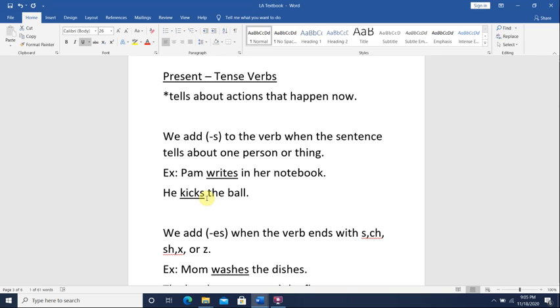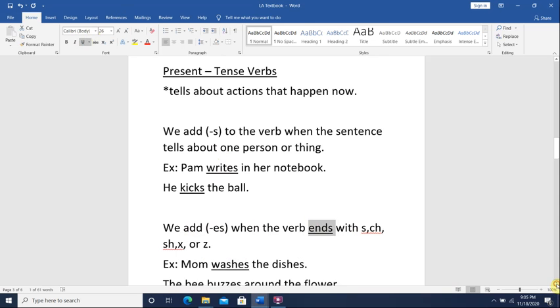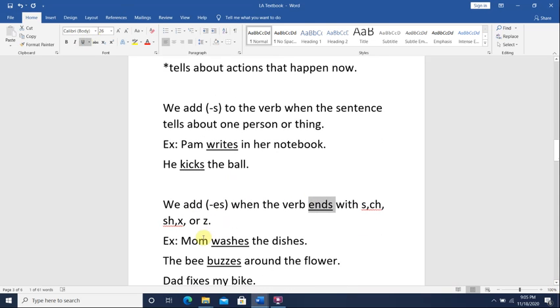But what if the verb ends with S, CH, SH, X, or Z? If the verb ends with any of these letters, we add ES instead of S. For example, it says here, Mom washes the dishes.